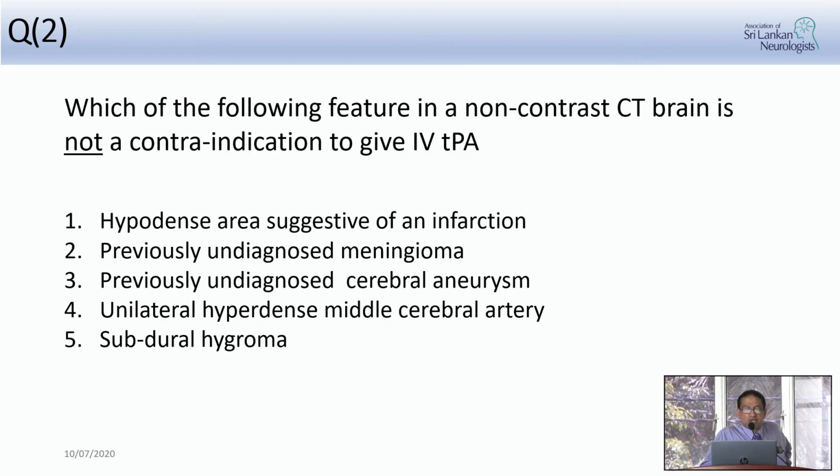That's actually an indication to give. If you see a unilateral hyperdense middle cerebral artery, that signifies a large vessel occlusion. Of course, these patients ideally should be referred for thrombectomy, but in your setting and our setting, we can first do thrombolysis. Hygromas you should never give. Established infarctions better avoid. Then any space occupying lesion, any aneurysm or any such history, you should not give.